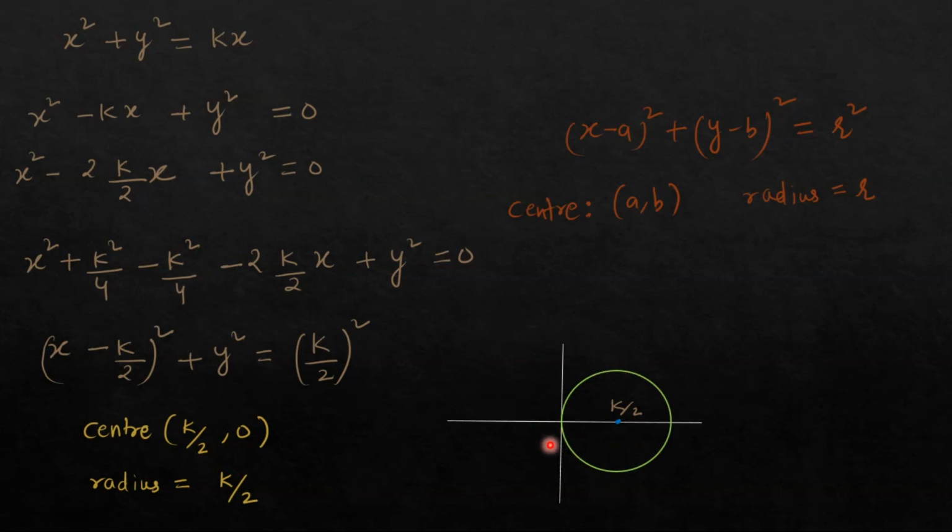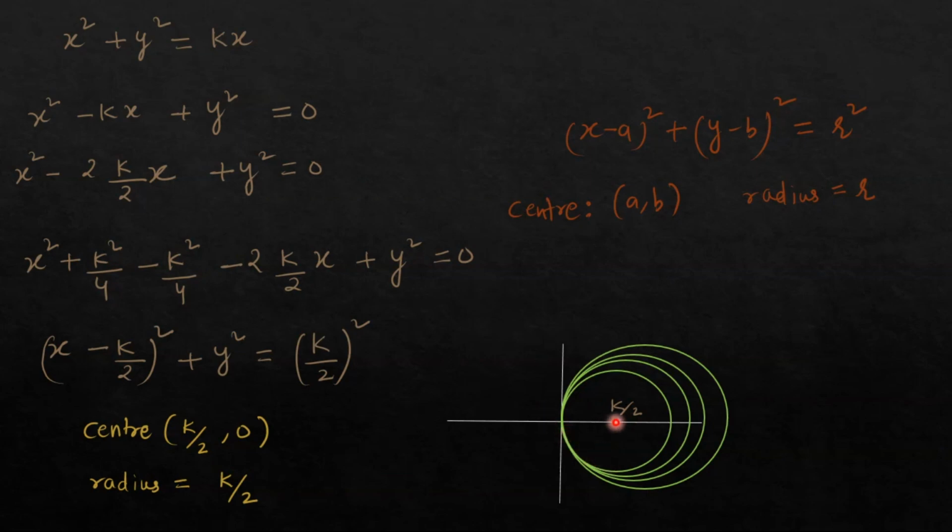Okay. Actually k is an arbitrary constant, so we will get a family of circles. Depending on the value of k, we will get a family of circles which will pass through the origin. But the common thing about this family is they all pass through the origin. Why?